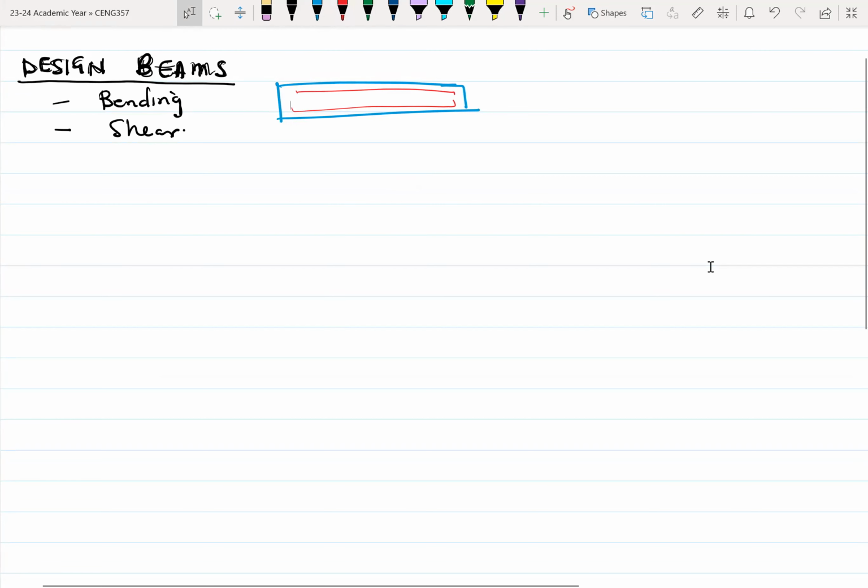Then for the design for shear, we put in stirrups or links, vertical stirrups, and also design them to prevent shear failure or diagonal tensile failure. So that's what we've been looking at for the past few weeks.